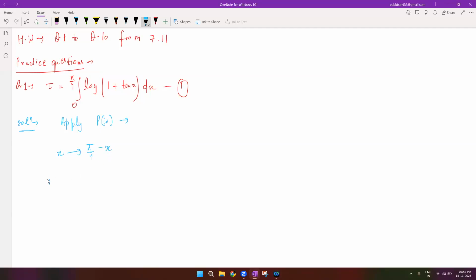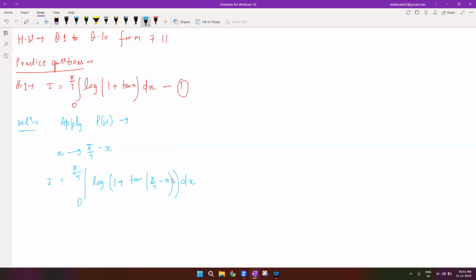So the limits will be the same, 0 to pi by 4, and the integral will change to log of 1 plus tan of pi by 4 minus x dx. In place of x, we write pi by 4 minus x.